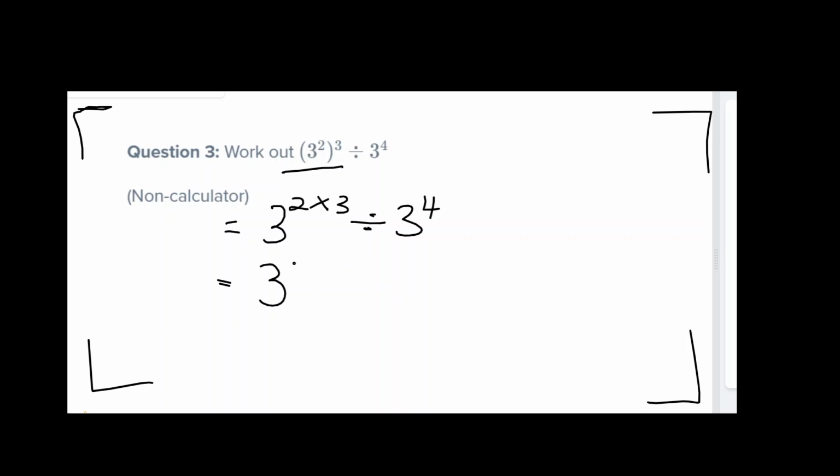Then this becomes 3 to the power of 6 divided by 3 to the power of 4. And that then equals, again, the base numbers here are the same. So I have 3 and 3, just take one of the 3's. And then that means I can subtract the powers when I have division. The final answer is 3 to the power of 2. If they want you to solve it completely, your answer will be 9. And sometimes they are happy with you leaving your answer in the index form.